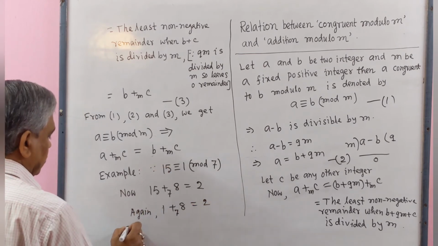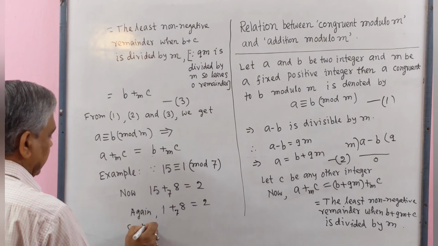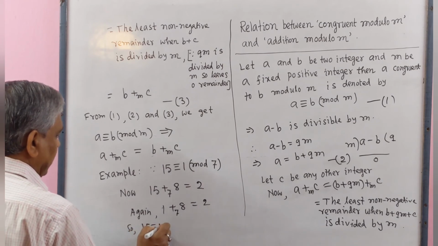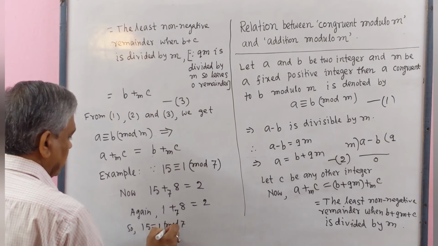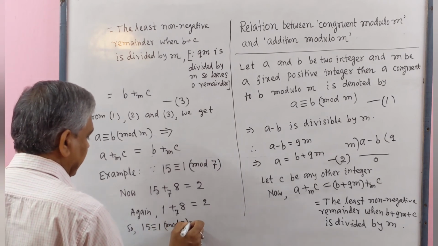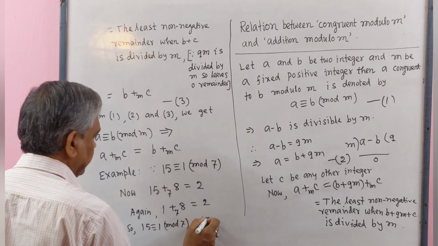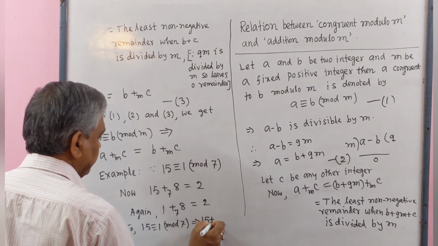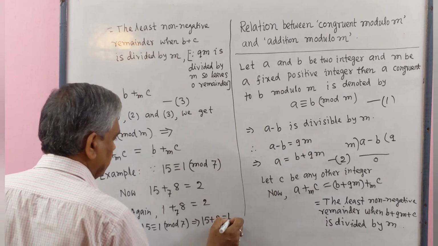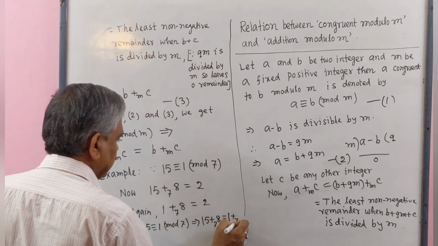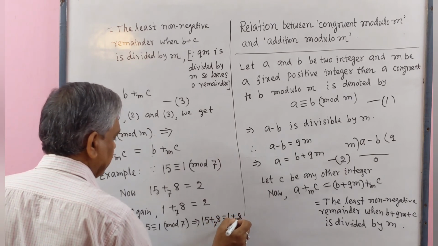So 15 congruent 1 modulo 7 implies that 15 addition modulo 7, 8 equal to 1 addition modulo 7, 8.